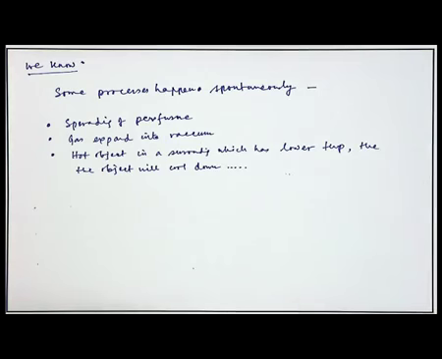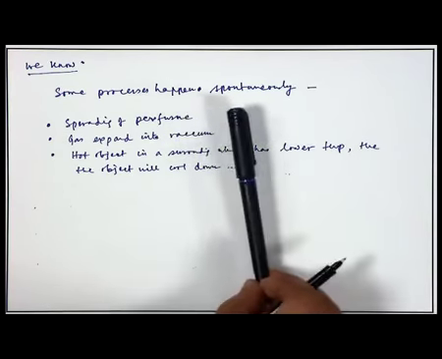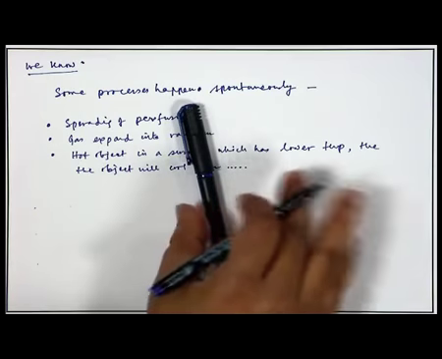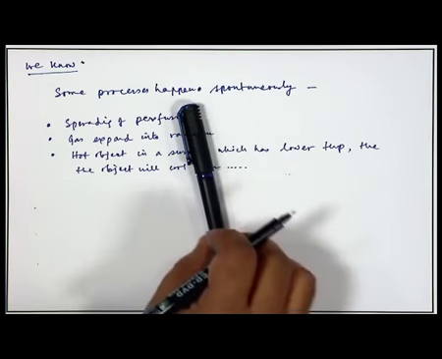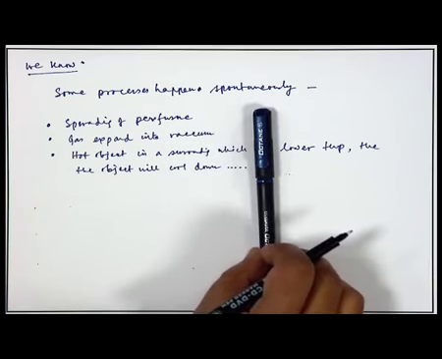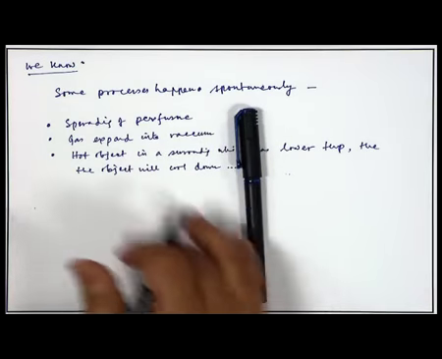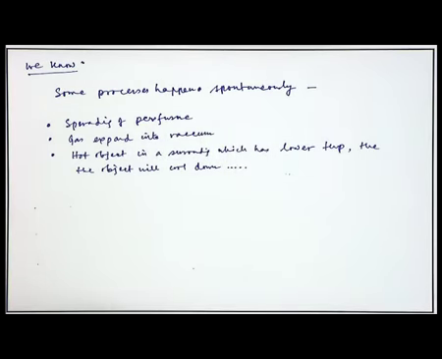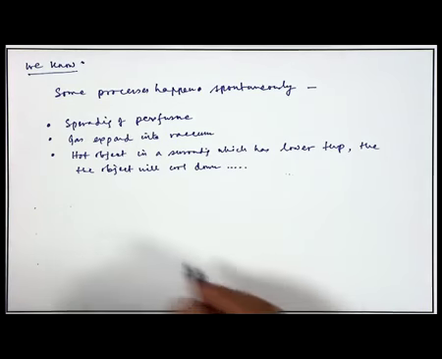If I have a pen which is hot, with a high temperature, and I keep it here, it will give up some energy and take up the temperature of the outside. So this happens automatically.